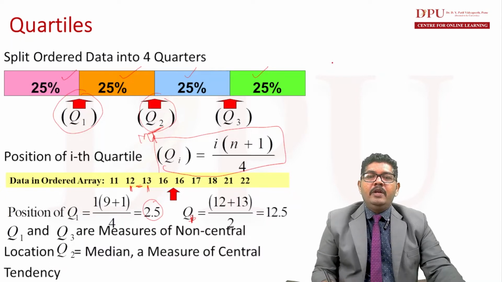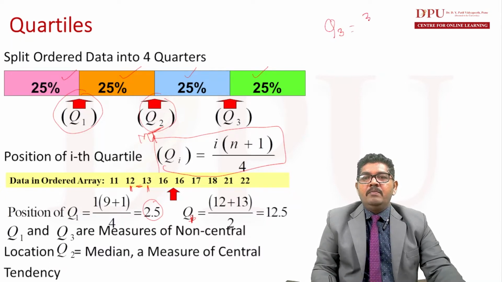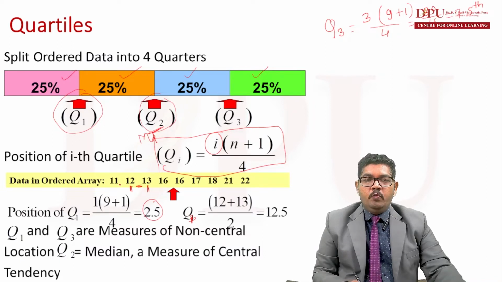Similarly, we calculate Q3. How do we calculate Q3? Q3 is equal to 3 multiplied by n plus 1, n is 9, plus 1, divided by 4. So 10 3s are 30, 30 divided by 4 is 7.5. Now 7.5 is the position of Q3. So 7.5th observation. So 1, 2, 3, 4, 5, 6 and 7.